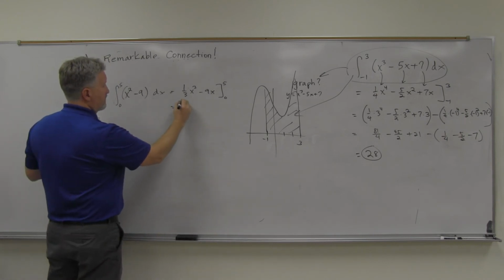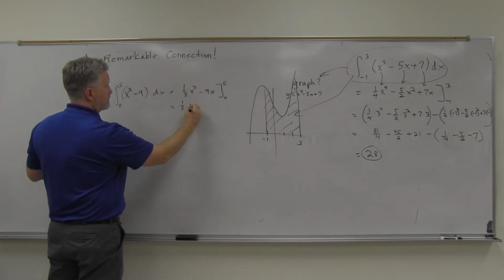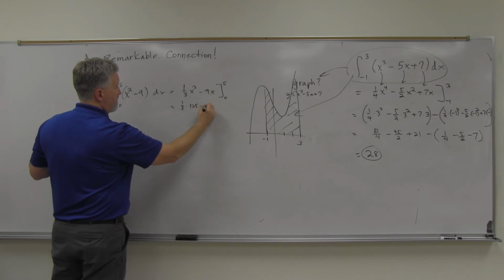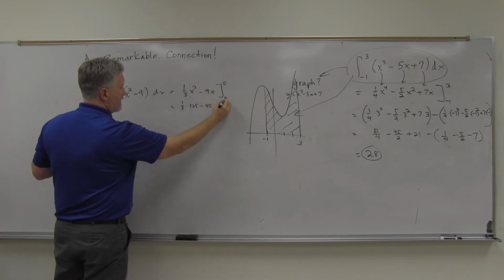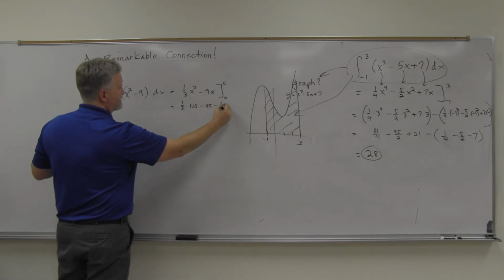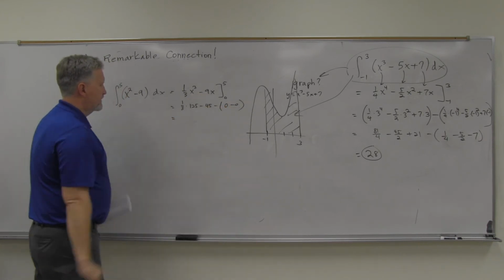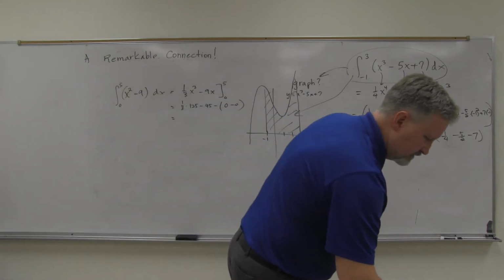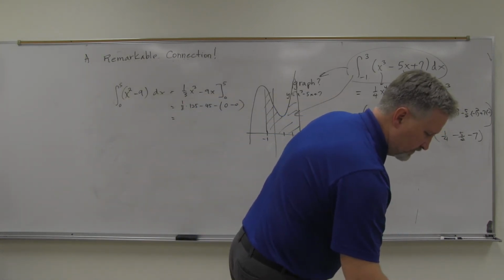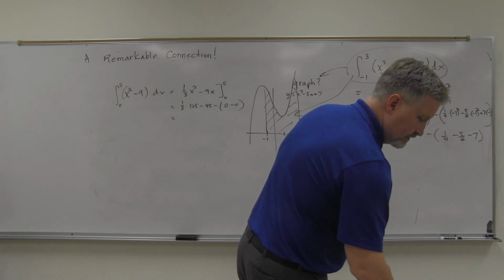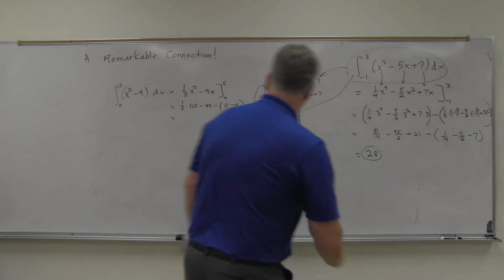What do you got there? Well, it'd be 1/3 times 5 cubed, which is 125, minus 9 times 5 is 45. And we like usually the ones with 0 because those usually zero out. So you got 125/3 minus 45. It's -3 1/3.